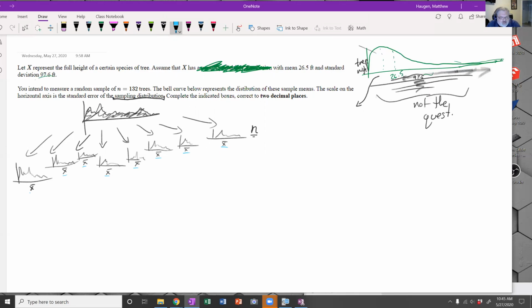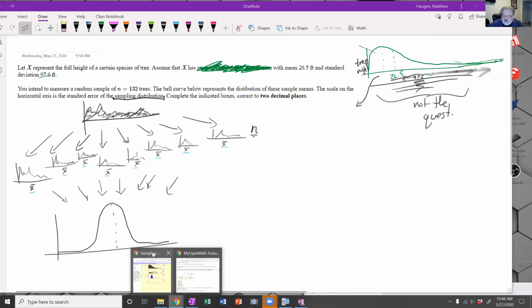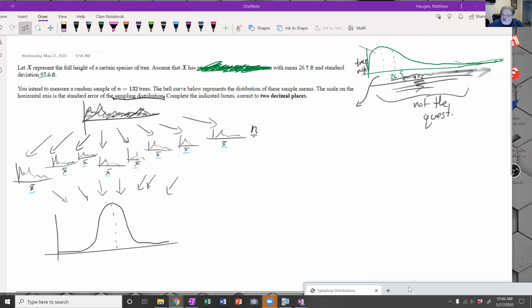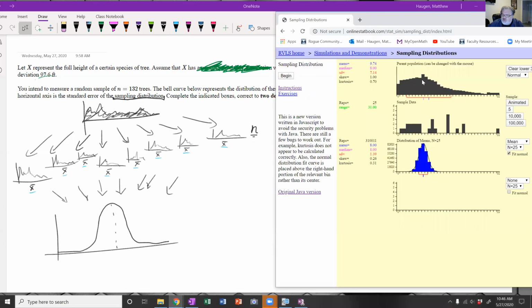Some of them might be a little bit more one way or the other, but all those means should be relatively close to each other. So if we collected all of those means into one big pile of means and analyzed it, all of those means would fall in a fairly nice, tight, bell-shaped curve. And that's what we were seeing happen. There it is, over here. Even with really weird data, and I could make this data all kinds of crazy.